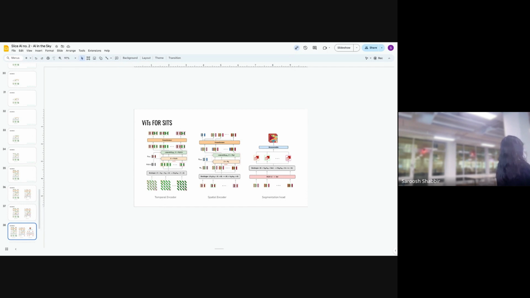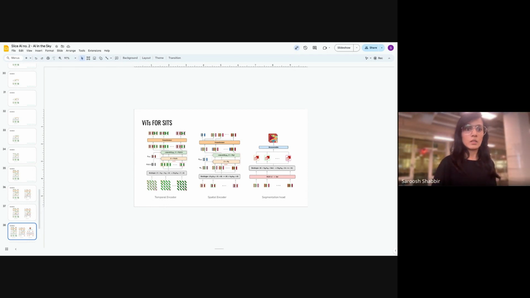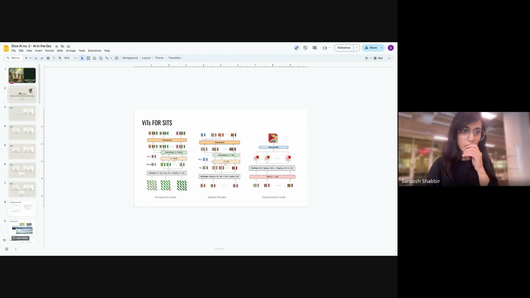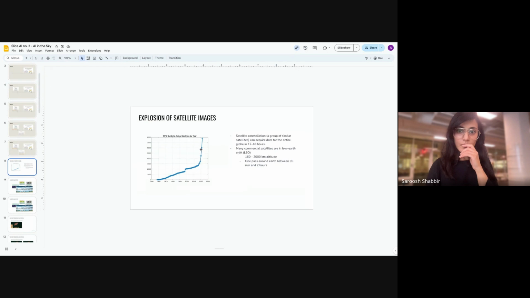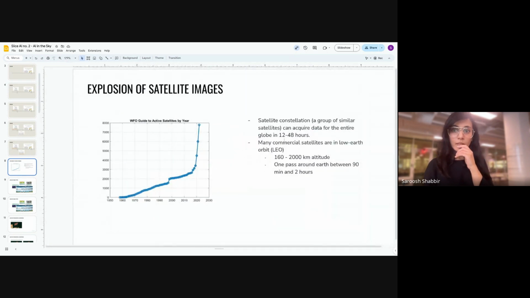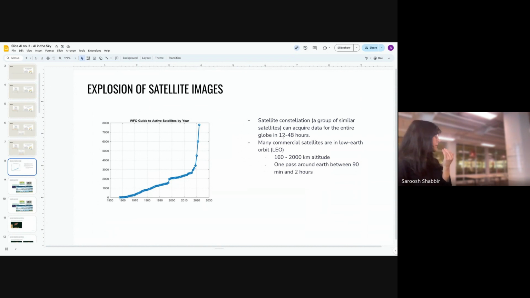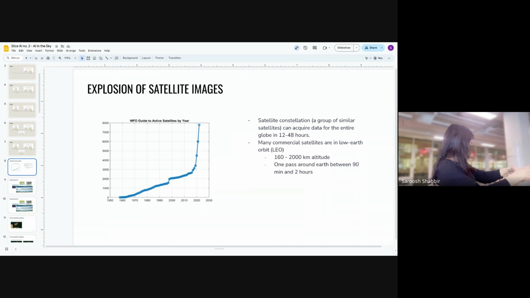For example, here, you can see that within 12 to 48 hours, they can acquire data for a whole globe if you have a constellation of satellites.